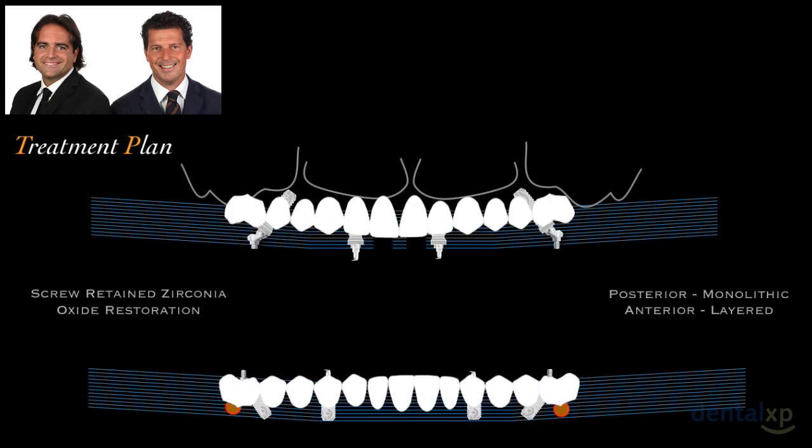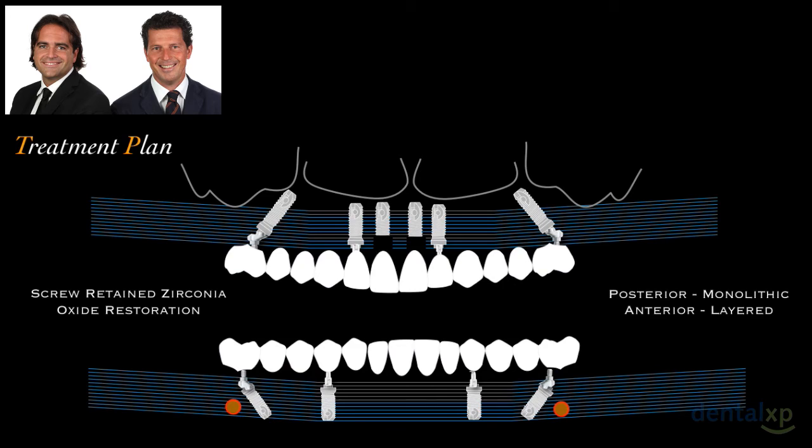So once we achieved the diagnosis, we start thinking about the treatment plan, and this was the treatment plan that we decided for Sergio. Full arch implant restoration both on the upper and the lower jaw, with 4 implants, 2 tilted in the more distal areas, and 2 axial in the central area.